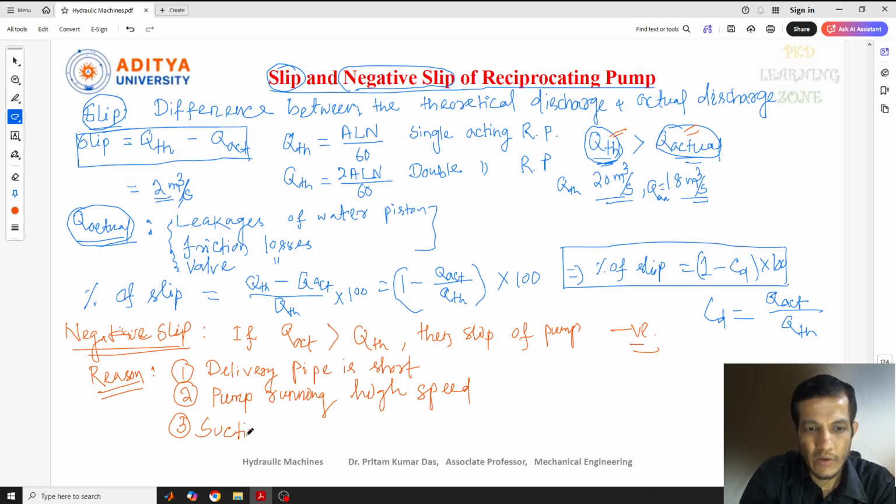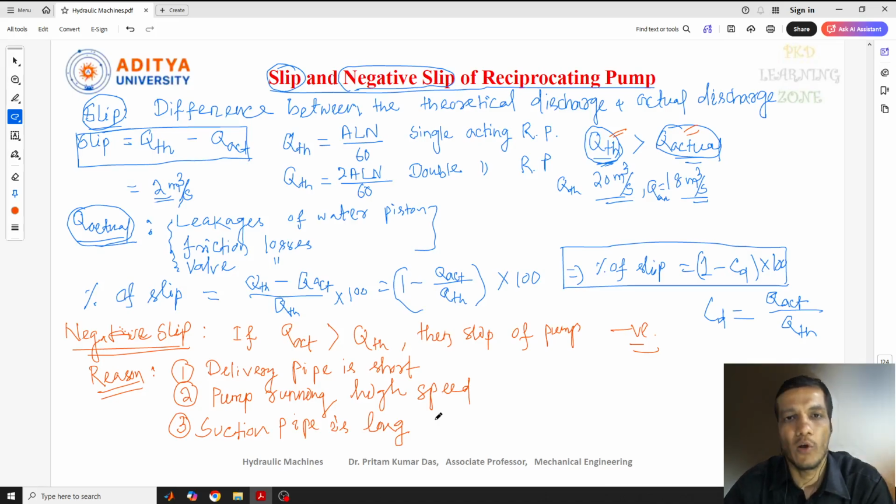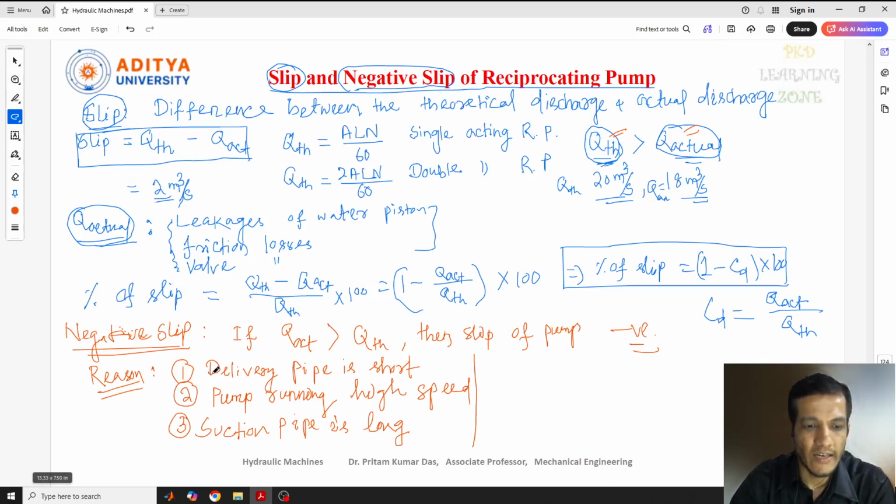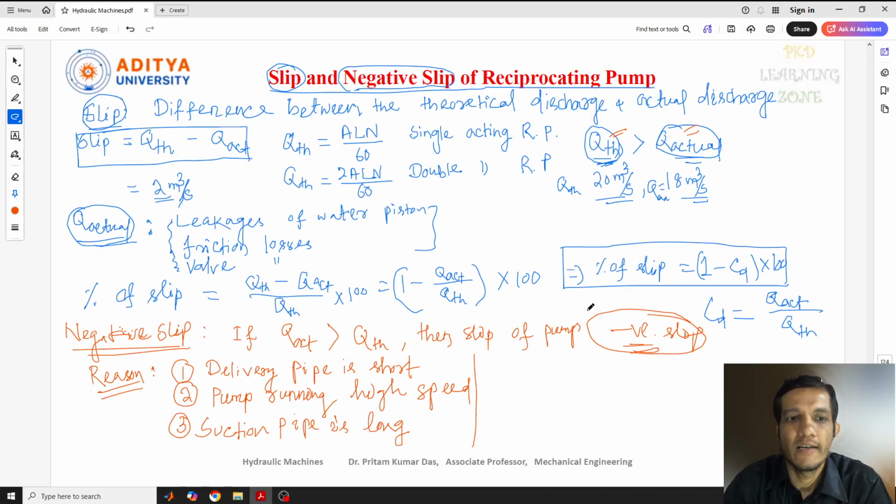When the suction pipe is long. If you observe, mostly the suction pipe will always be short. The delivery pipe will be long because it needs to deliver. So due to these reasons, negative slip occurs.